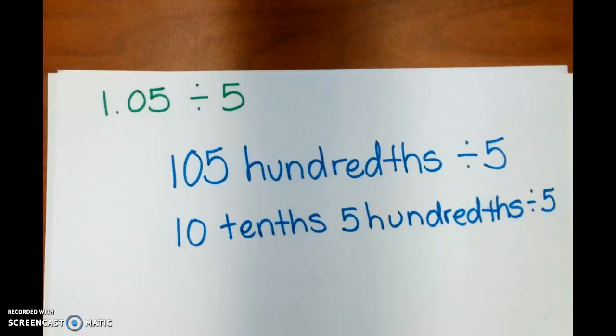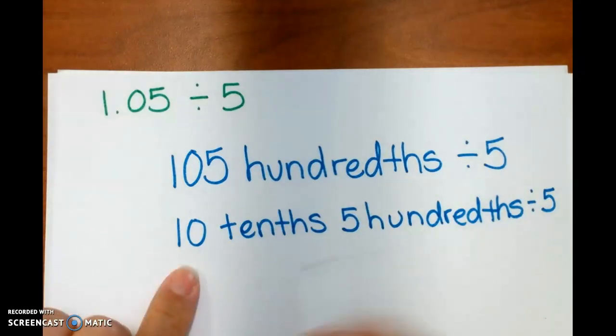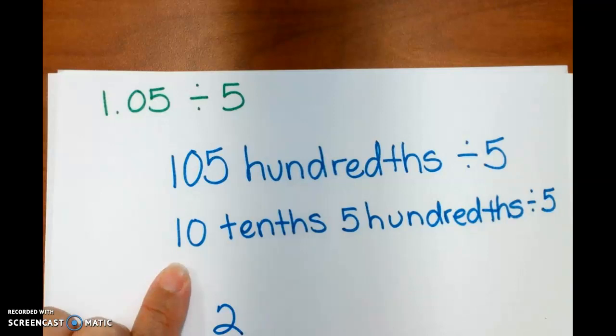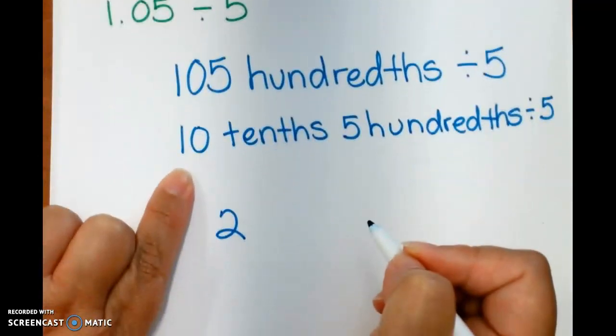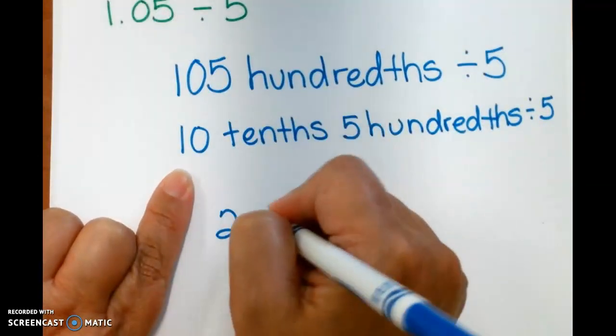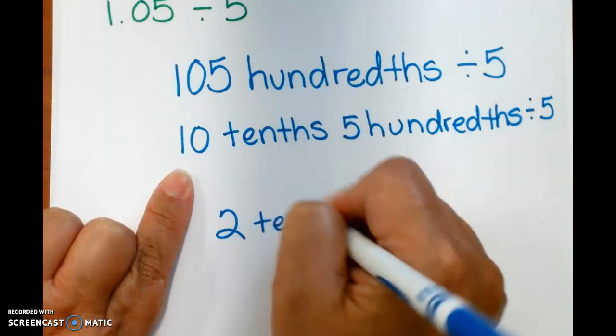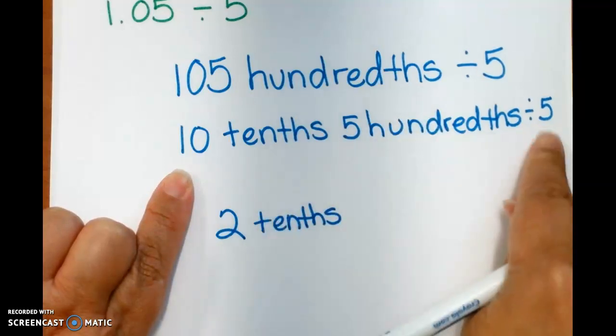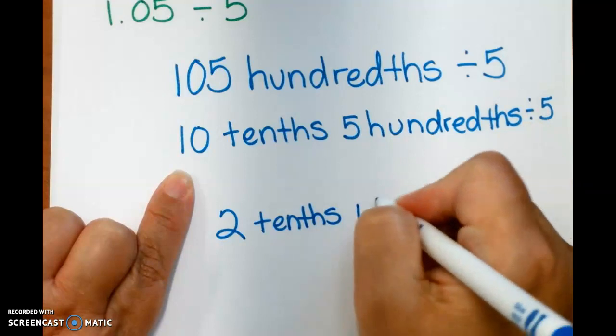I want to try 10/10 and 5/100 because I think that's going to be easier to divide, because I know that 10 divided by 5 is 2, and so I would have 2/10. 5/100 divided by 5 is 1/100.